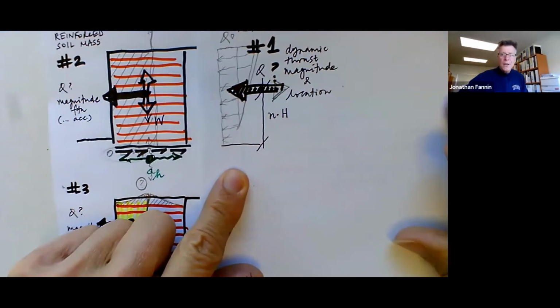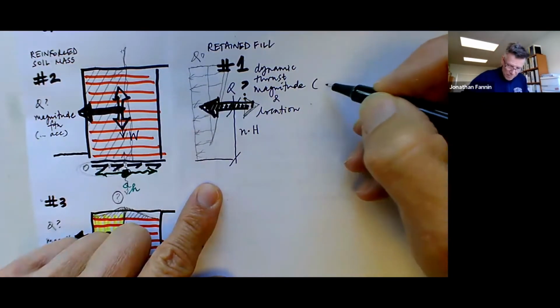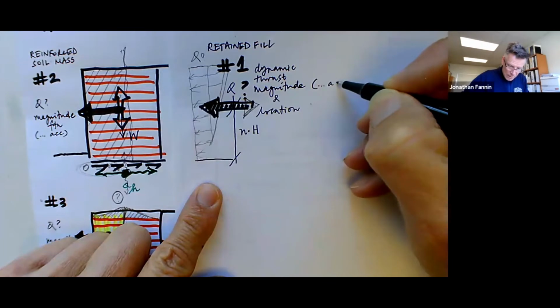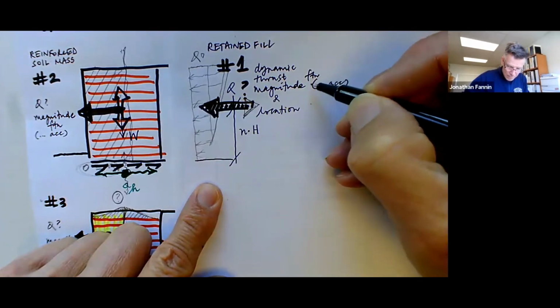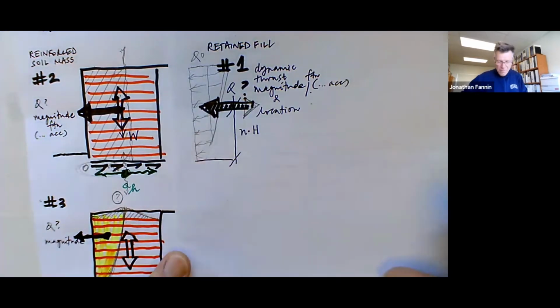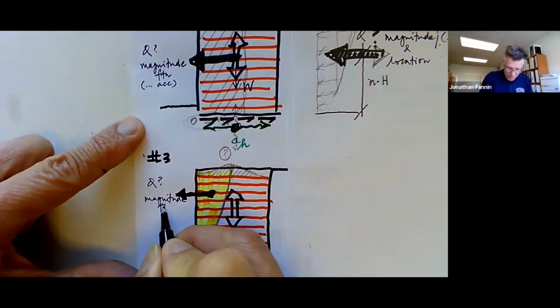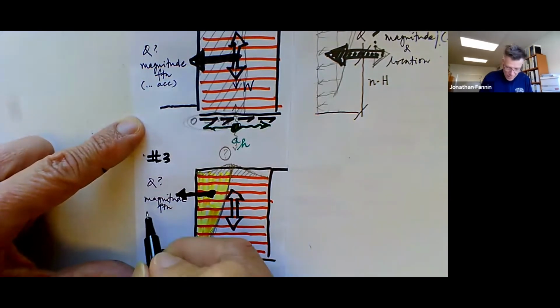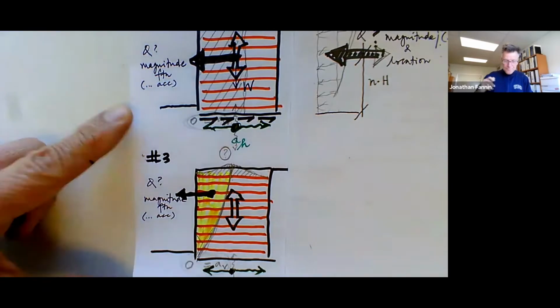Likewise, the magnitude over here is a function of a number of things, including the acceleration. And finally, here, this is a function of many things, the mass of the soil, etc., and including acceleration.